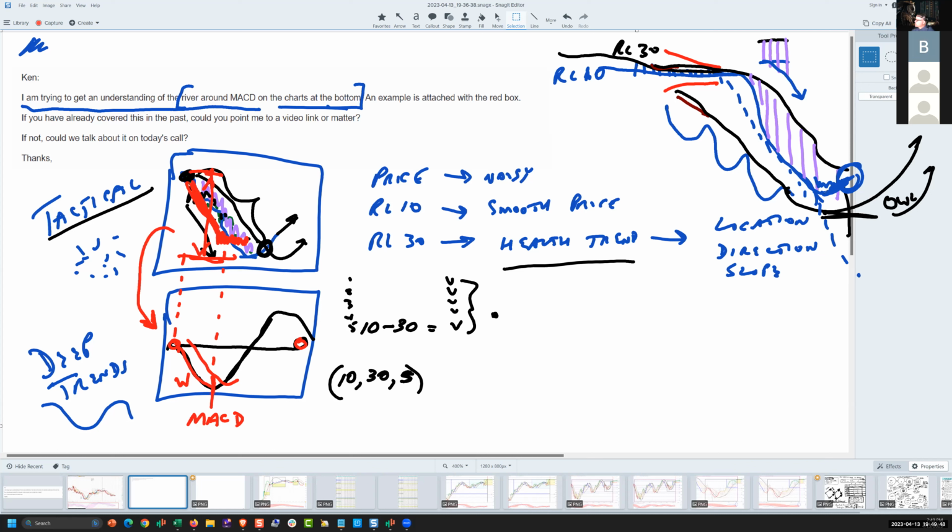So the 10 starts smoothing out, but the 30 keeps pinching downward. And so the difference between those two, the calculation is based on the RL10 and not on price, right? So it's comparing 2 moving averages, but instead of simple moving averages, we're using our faster and more adaptive regression lines.